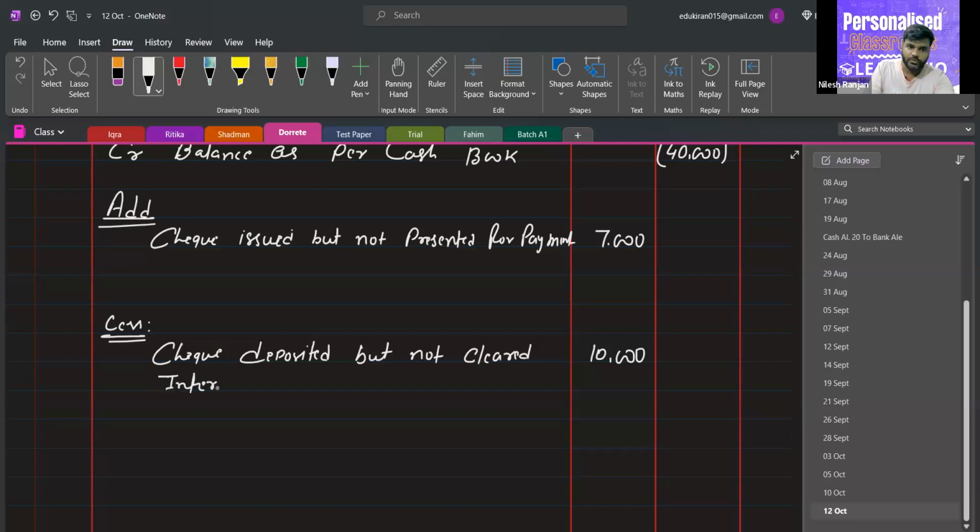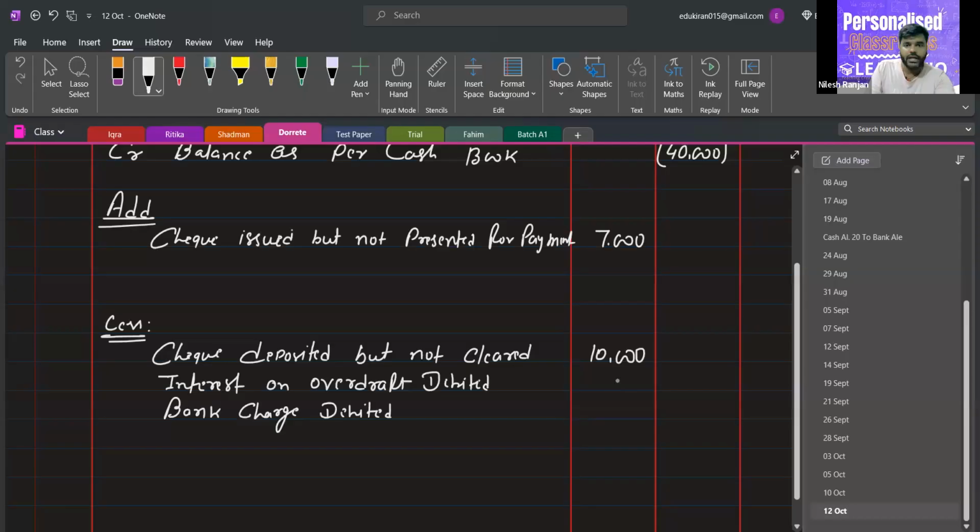Interest on overdraft and bank charges. These two items are debited. So the amount is 605. So everything is written now.